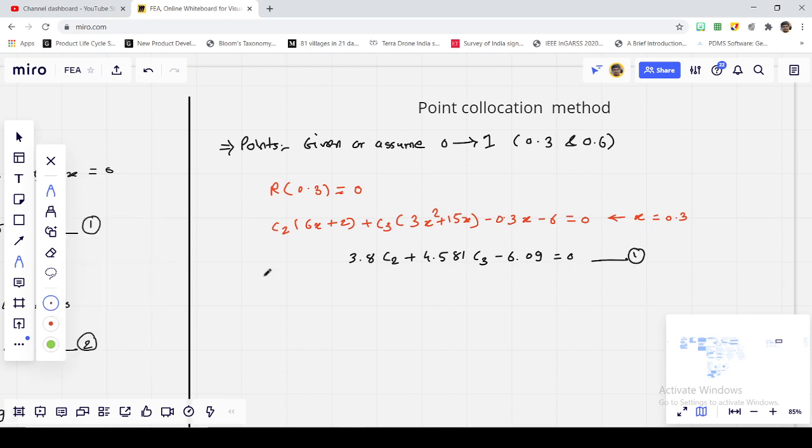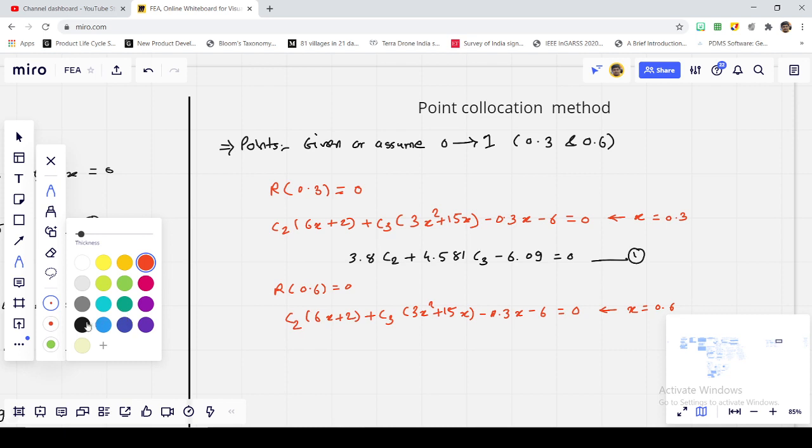Then we will be going for the second point, that is r at 0.6 we have taken, equate it with 0. The r equation remains the same, c2 into 6x plus 2 plus c3 into 3x square plus 15x minus 0.3x minus 6 is equal to 0, and we will be substituting x is equal to 0.6.